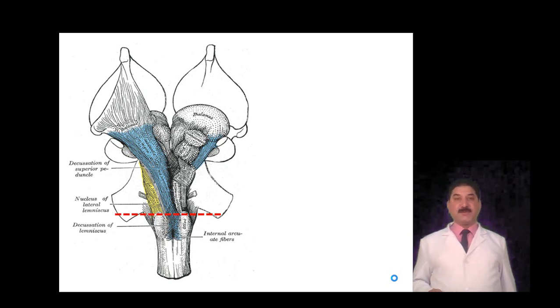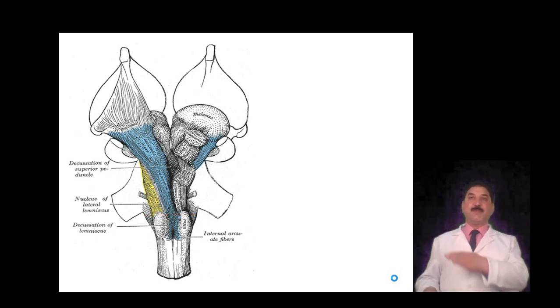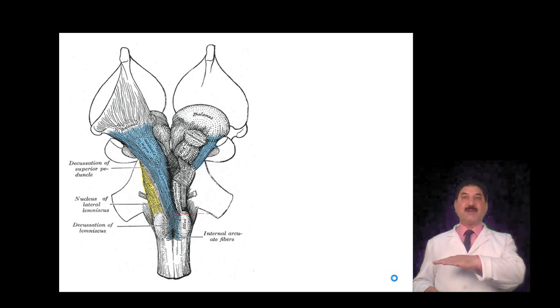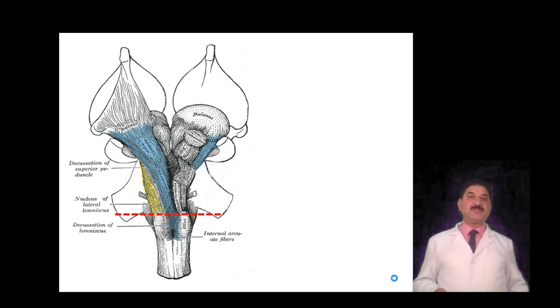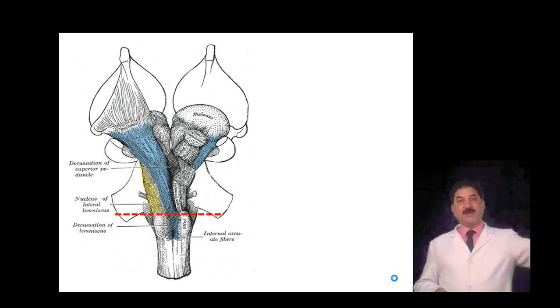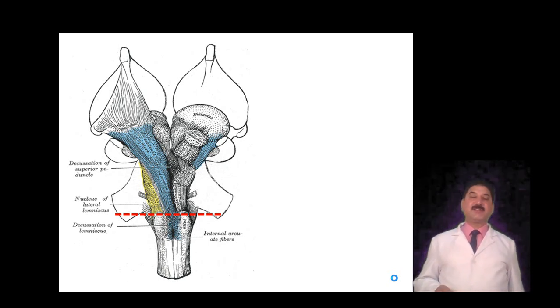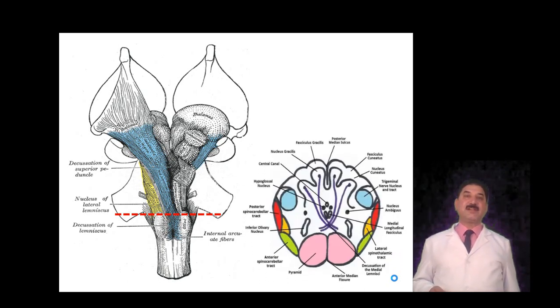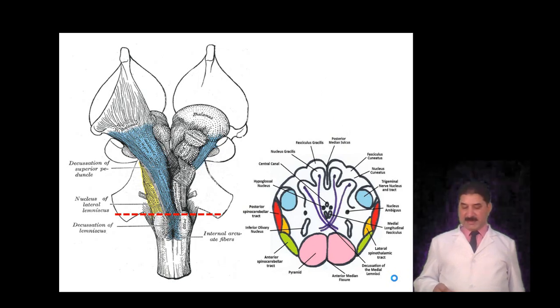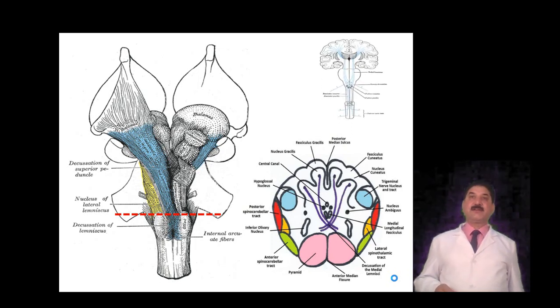Now, if we take a section of the medulla oblongata at the level of sensory decussation, what do you see there? So we have given a horizontal cut and taken a horizontal section at the level of sensory decussation. At this level, we see again anteriorly there are pyramids.